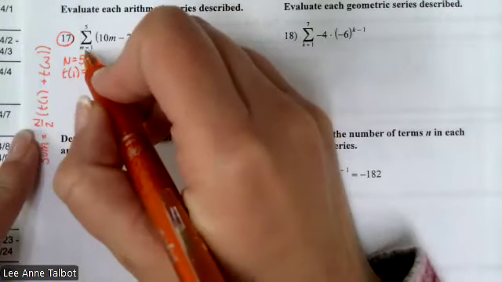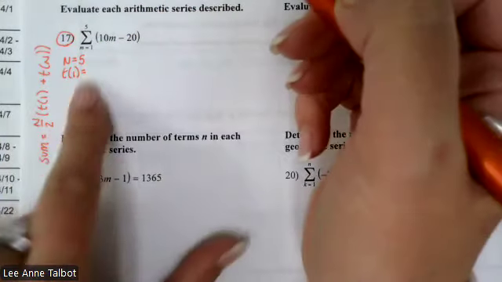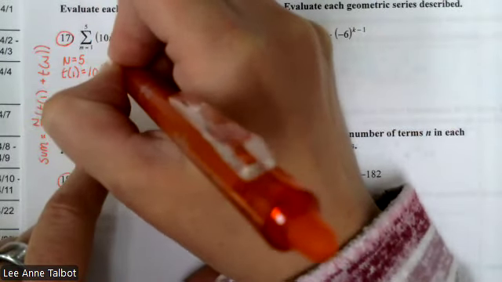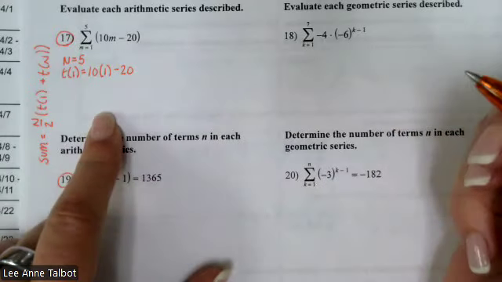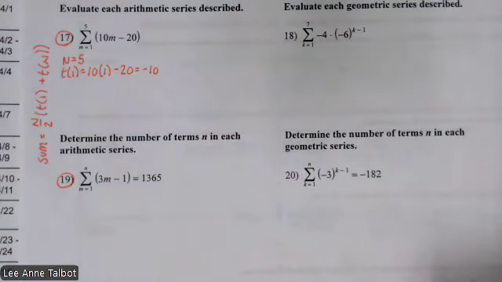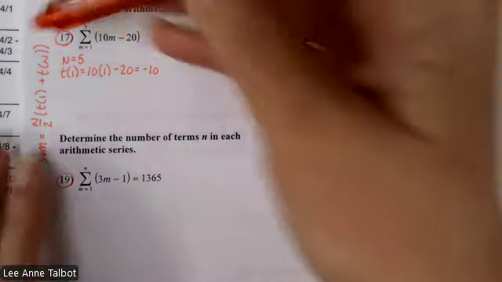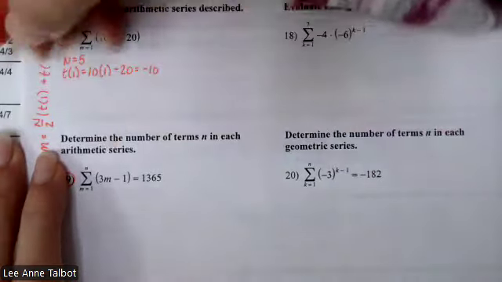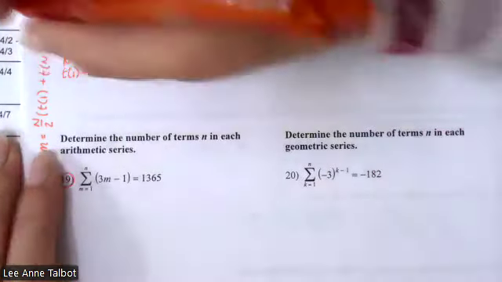Okay, the first term is what I get when I plug 1 into the equation here. So 10 times 1 minus 20 is negative 10. I think. Keep your eye on me. I haven't done any math in like 11 days or something.